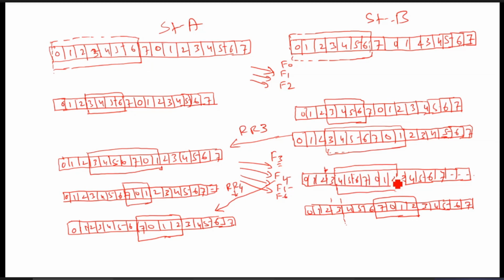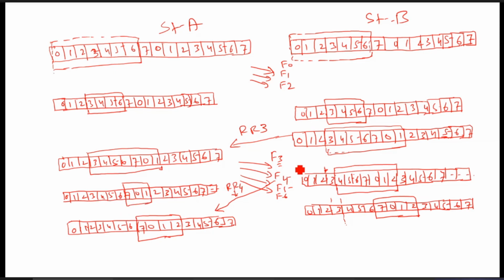So it will expand its window by one more frame. By the time this acknowledgement is received here, as soon as A transmits, its window will shrink. You see it here, 7, 0, 1 now.